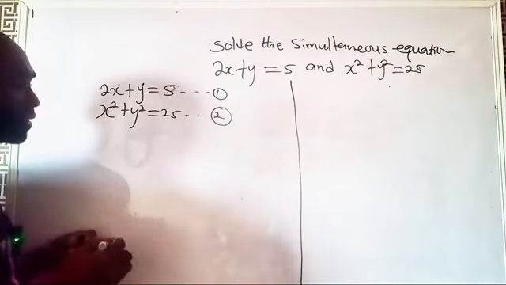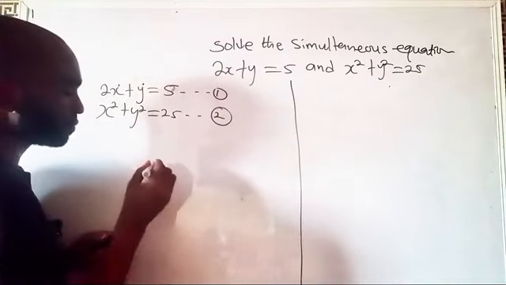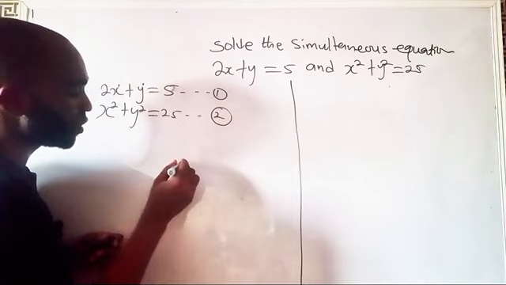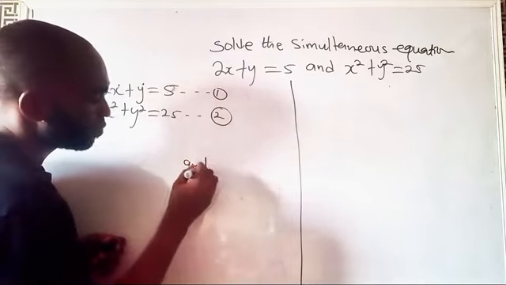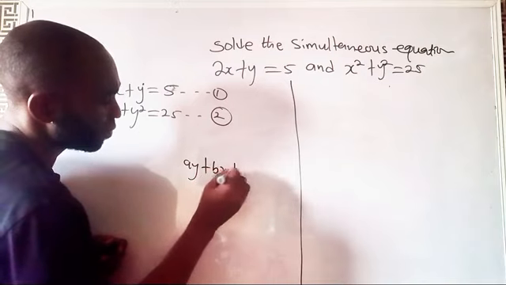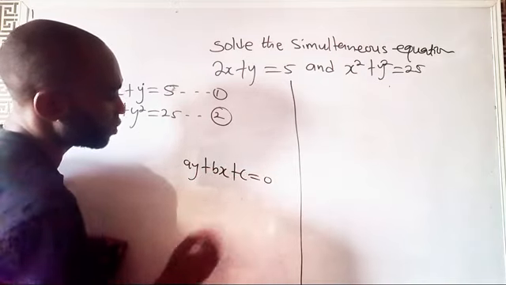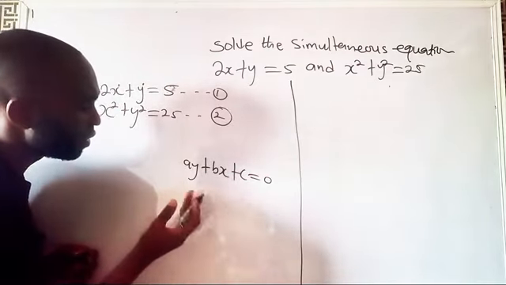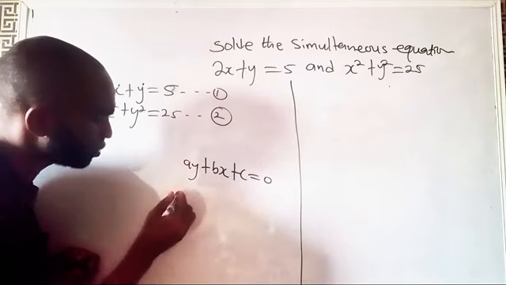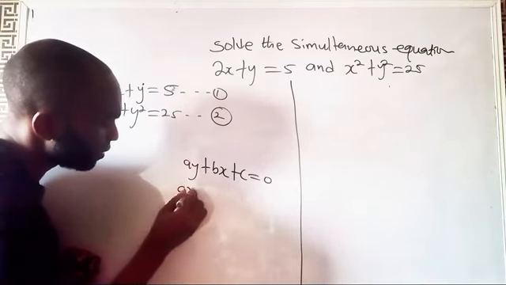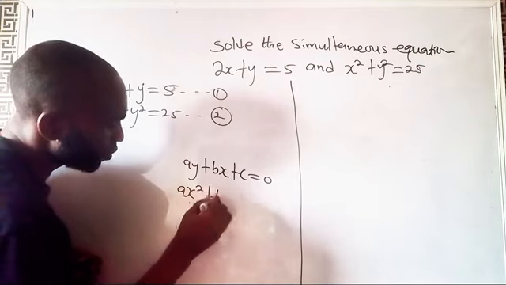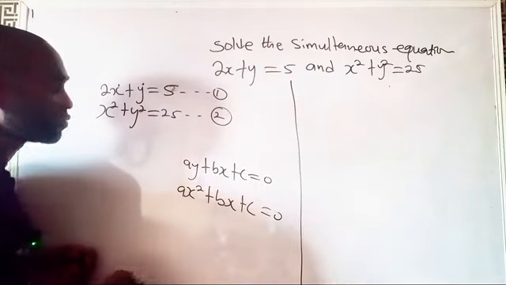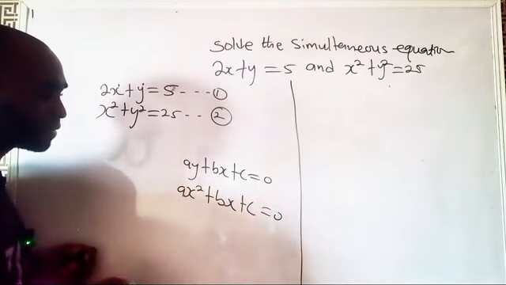That shows that the first equation, this is the general formula for linear equation, where you have ay plus bx plus c, everything is equal to 0. But in the situation of quadratic or the more non-linear equation, you will have ax squared plus bx plus c, everything is equal to 0, right?